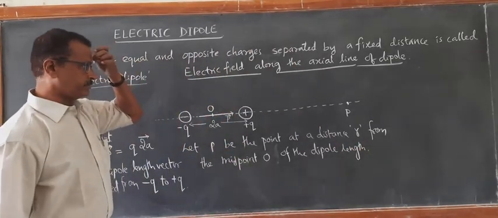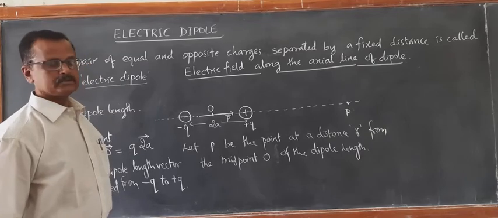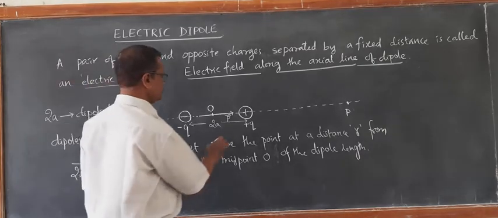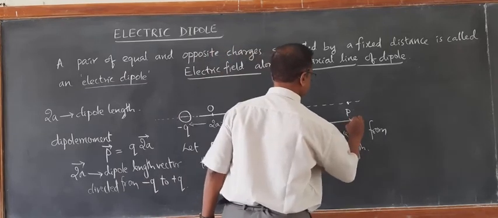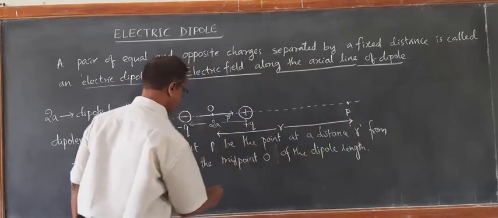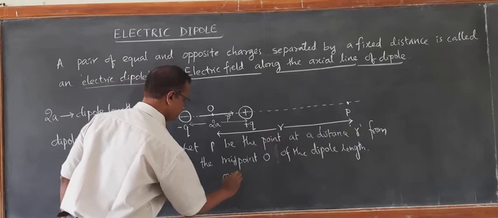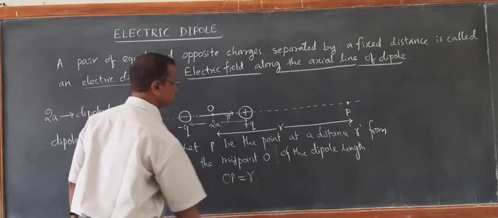Now we want to find the electric field at this point P. So this distance is r. So I can write here OP is equal to r.